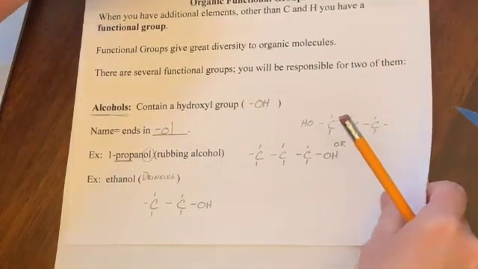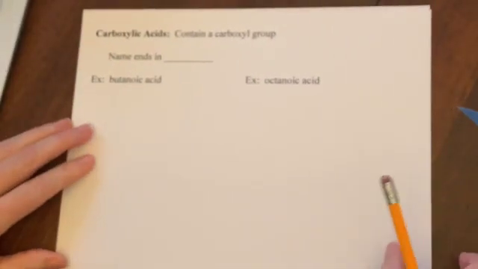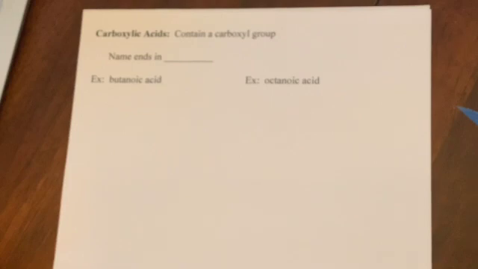All right. The second functional group that we are going to deal with is what's known as carboxylic acids. Carboxylic acids are a large group of compounds that range over all sorts of things. Insect stings are caused by carboxylic acids. Vinegar that we drink, which is known as acetic acid, is a carboxylic acid.